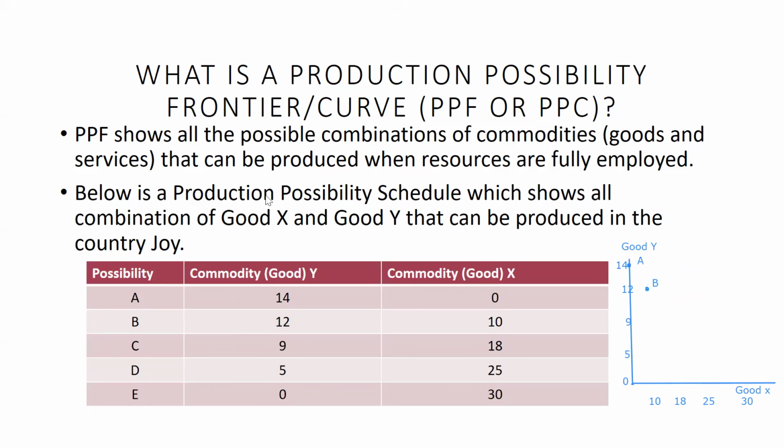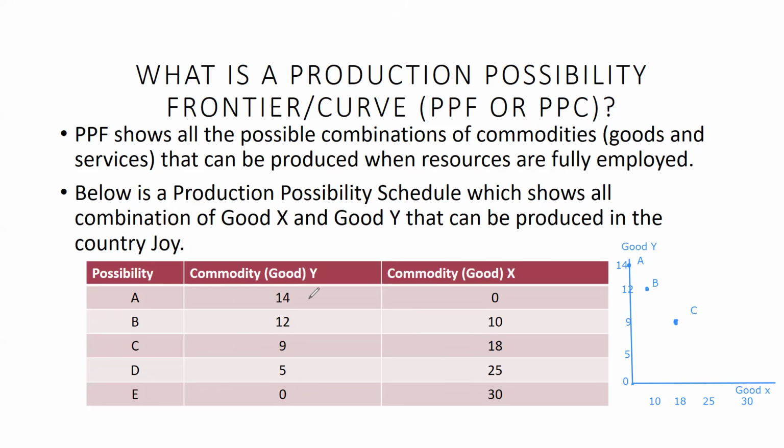Then you do the same thing for C now. You look for the point that's in line with 9 for Y and 18 for X. So 9 is here, 18 is here. So that point would be about here. You highlight the point, and then you name it C. Do the same thing for the next point.